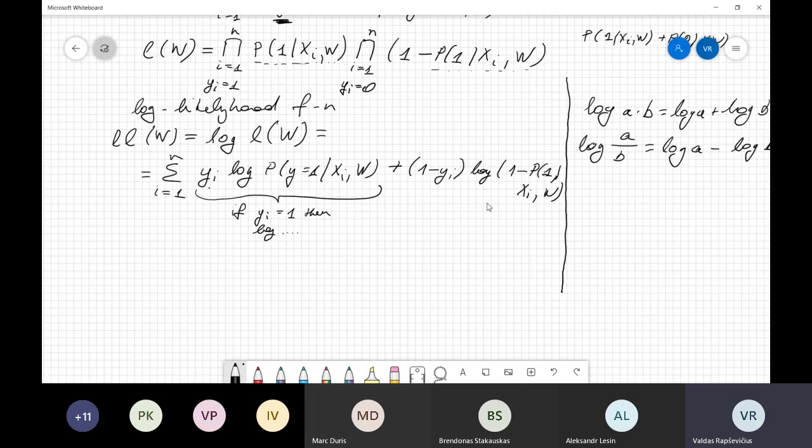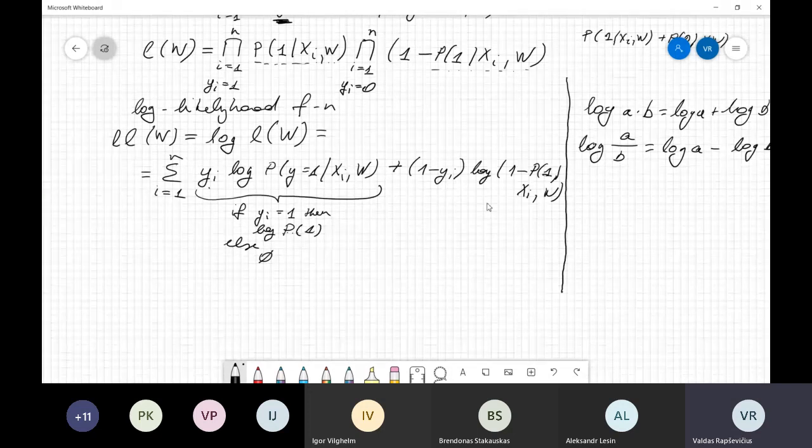So basically log of p being in 1. Else, if yi equals 0, the actual class is 0, then this term becomes 0. So basically we make sure that this term only is evaluated when the actual class is 1.